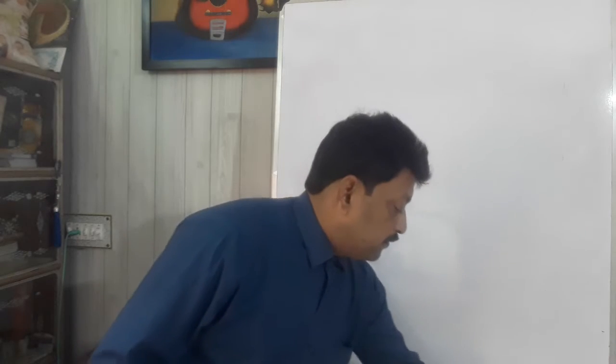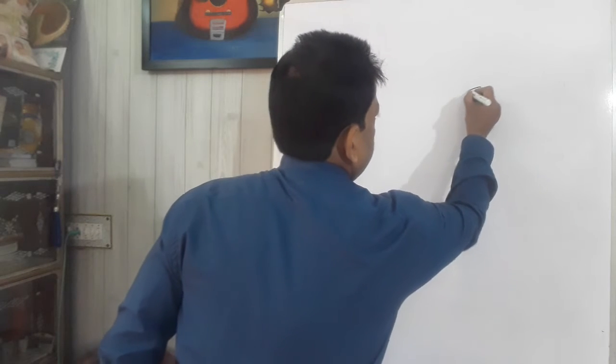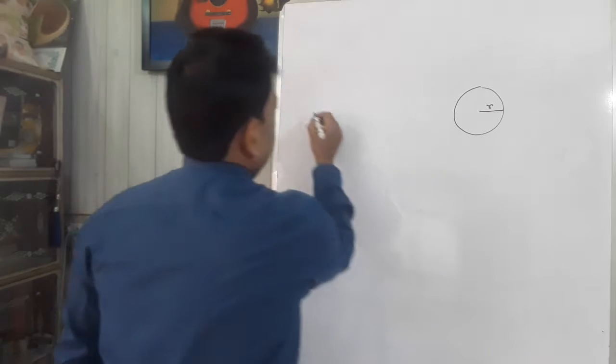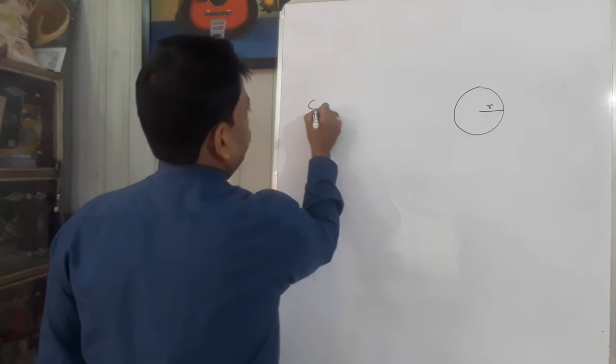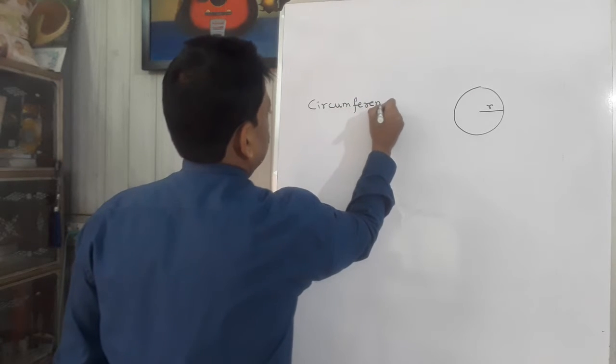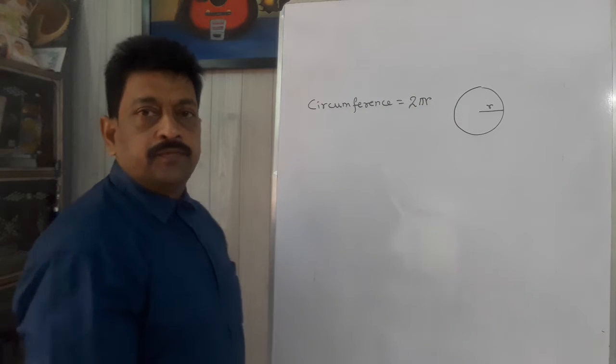Okay, so first of all, let us learn about the basic things like the circumference of a circle, area of a circle. We all know, if the radius of a circle is r, then its perimeter or circumference is given by the relation 2 pi r.